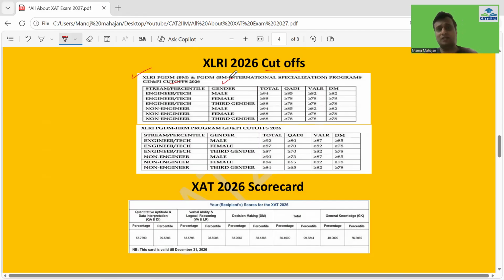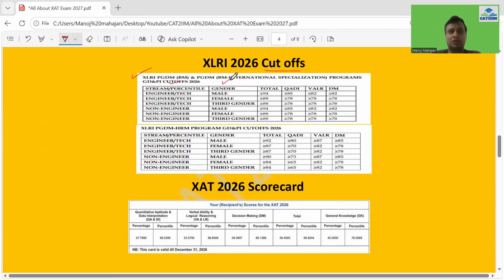So what I see is the overall cutoff for getting a call from XLRI, or even the sectional cutoffs, are not very high. So it is very much manageable to score if you do the right preparation and you do the right exam strategy. That is also very, very critical.